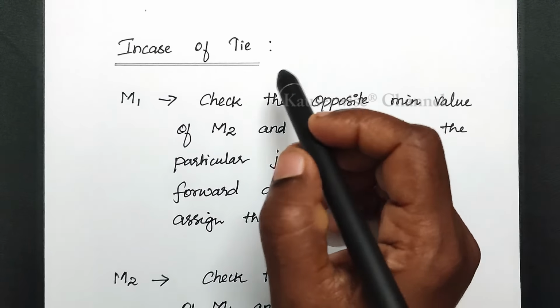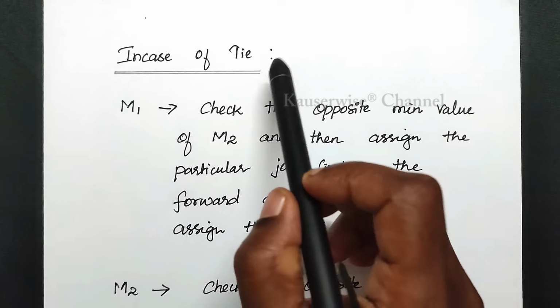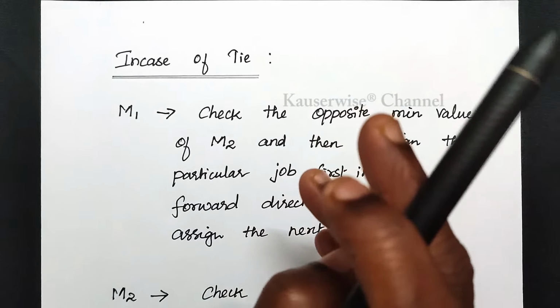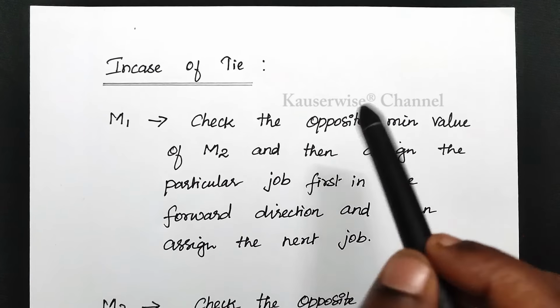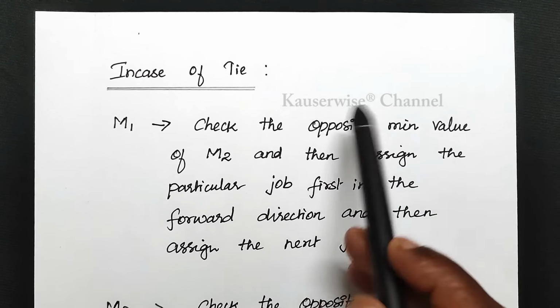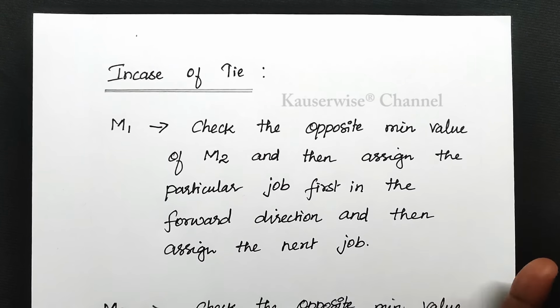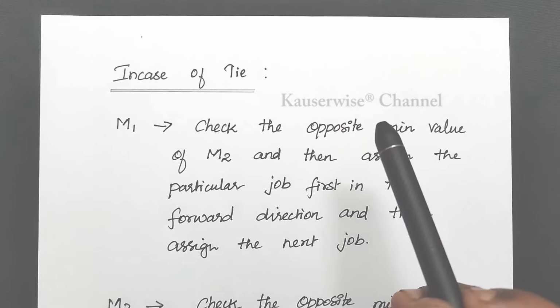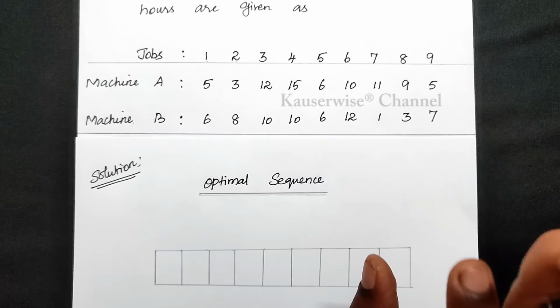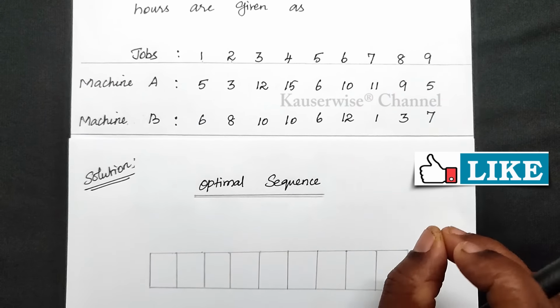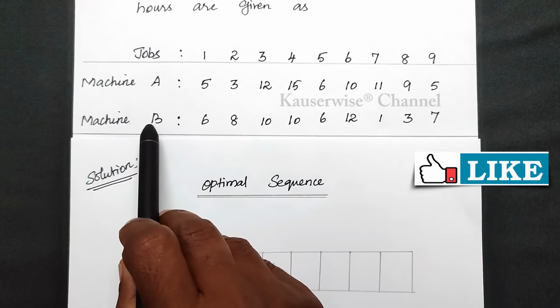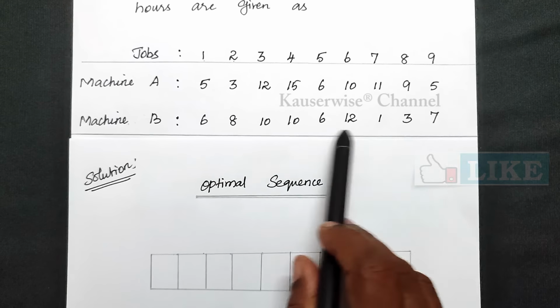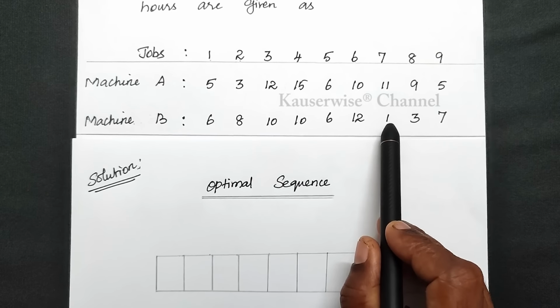The next procedure is in case of a tie. There are 3 different situations for a tie that we will see along with the problem for better understanding. Now, look at the problem. First, we need to find the minimum duration among machine A and machine B. So, which one is the minimum duration? This is the minimum duration.